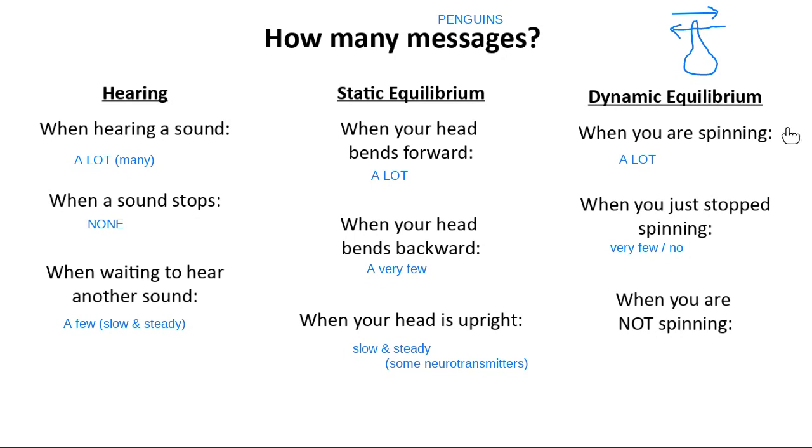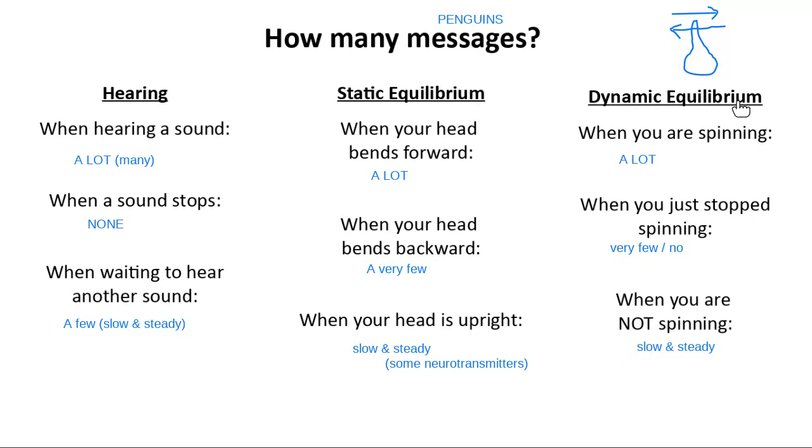We will need to know for dynamic equilibrium these three states here, and have a working understanding of why these things happen. So the one we didn't fill in here, and it should be obvious to us at this point, right, is when we're not spinning. That's another example of slow and steady.